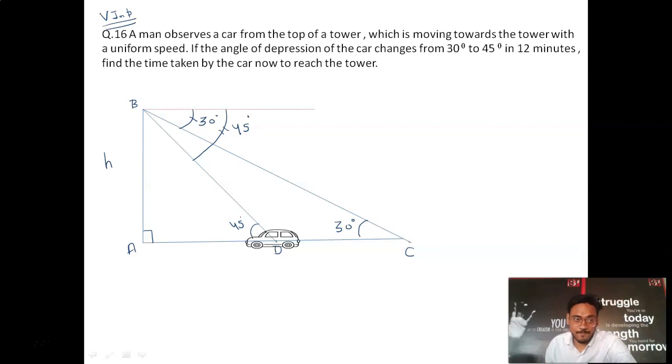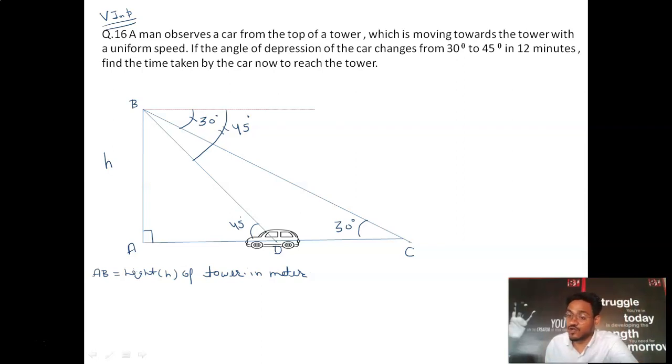So let's start the solution. Let me write here, AB denotes the height h of the tower in meters. We are given that to move the distance CD, the car has taken 12 minutes.